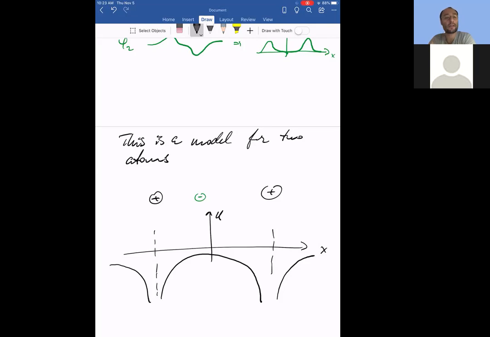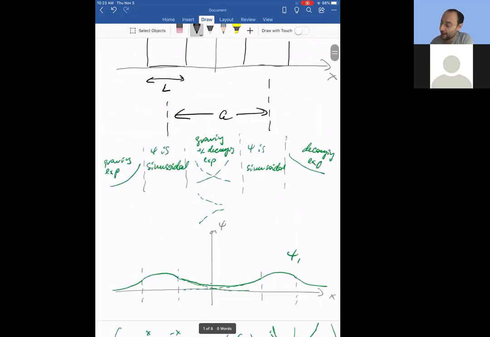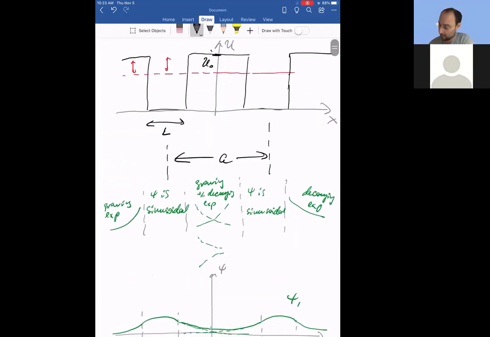In practice, electrons do interact. And these kinds of single electron wave functions that we find are not completely correct, but they go a very long way to finding energy levels. And that's what we really care about when we put a lot of atoms together. We want to know what energies particles can occupy. So this is a more realistic potential energy landscape. And this is just a model. This is a model potential energy landscape.